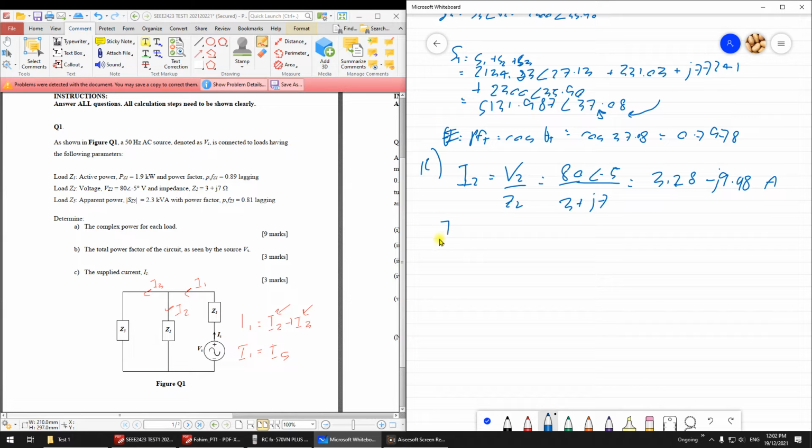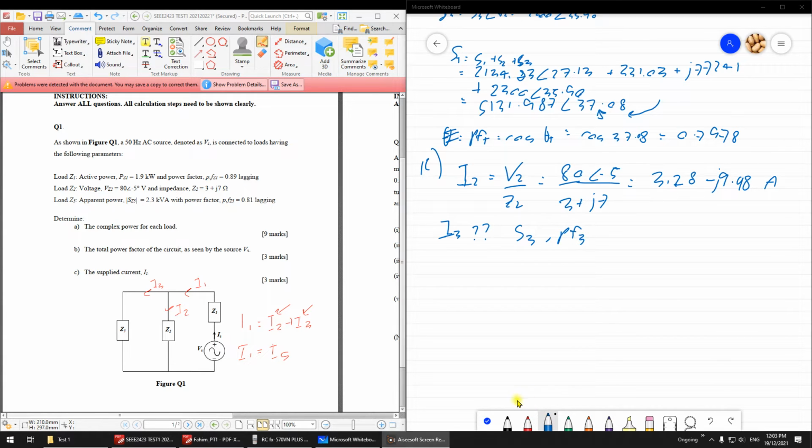How about I3? So how to get I3? For I3 you have S and you have PF, S3 and PF3. If you recall, Z2 and Z3 are in parallel, so actually you have V2 as a reference.